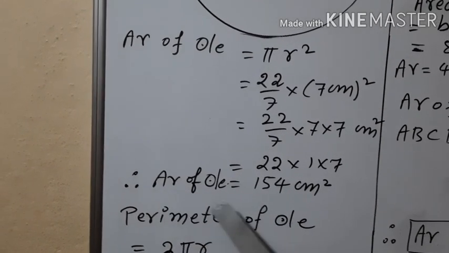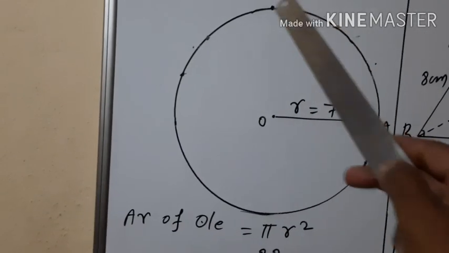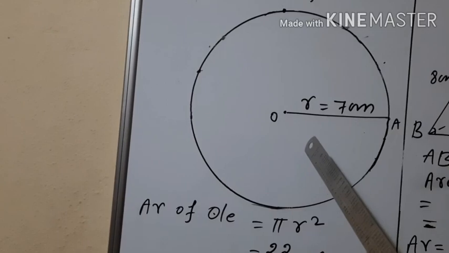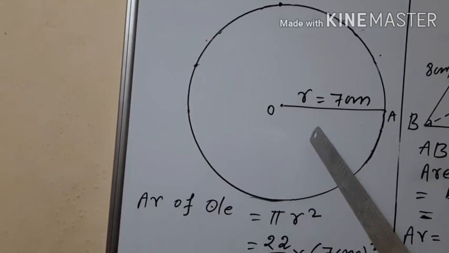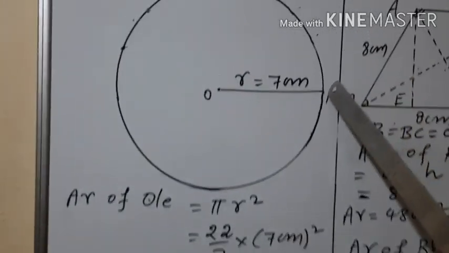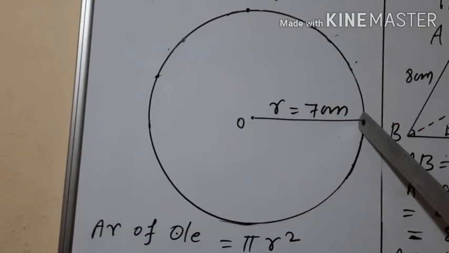Thus the area of this circle is 154 centimeter square, meaning in this interior region we can place 154 one-centimeter squares. Okay, and what do we mean by perimeter? That is, one full round length of this circle is called perimeter.